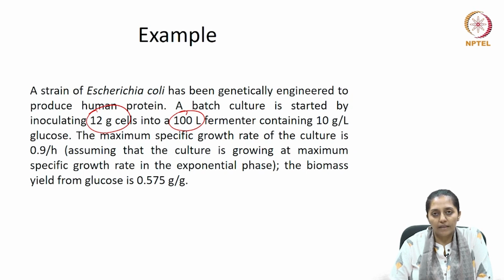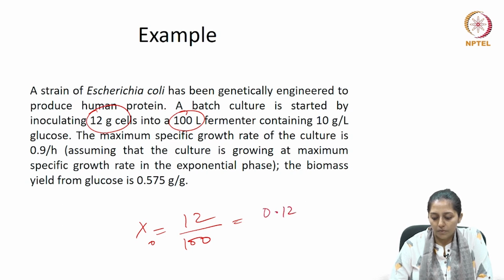So, we can calculate the initial biomass concentration, isn't it? The amount is given to us and it is 100 liters. So, it turns out to be 0.12 grams per liter, containing 10 grams per liter of glucose. So, the substrate initial concentration is also given to us, which is 10 grams per liter.